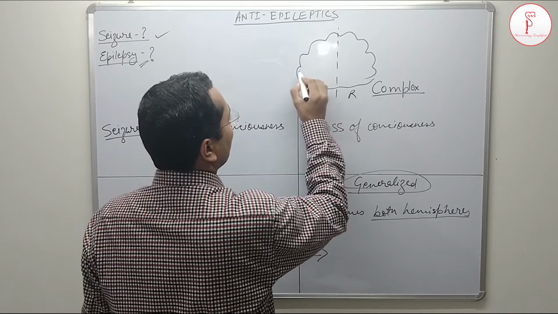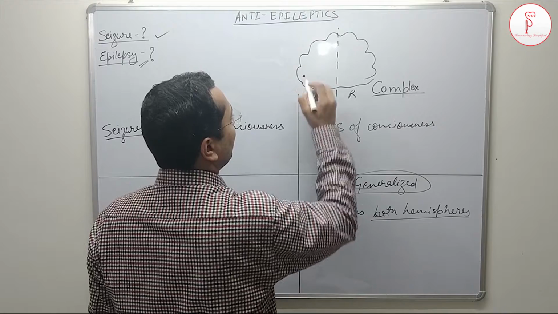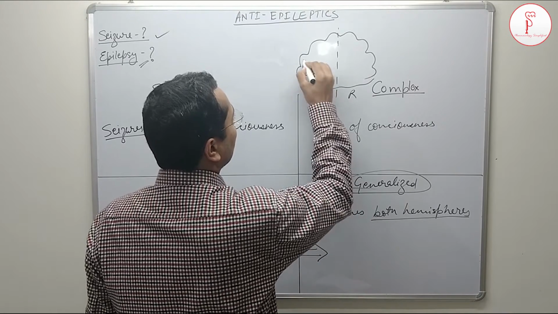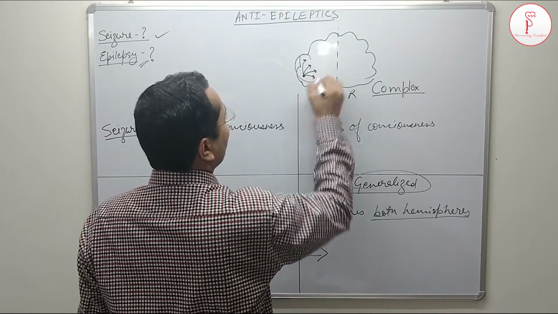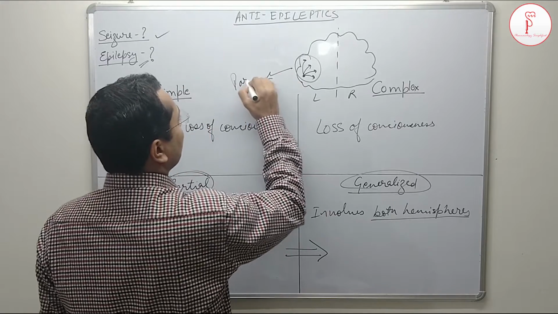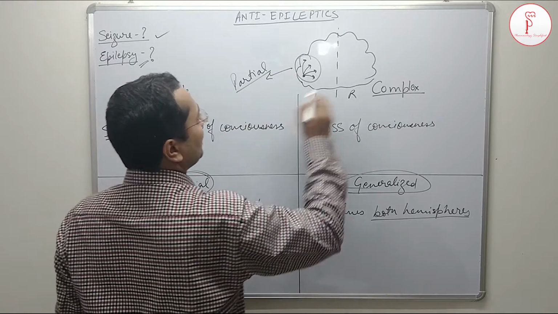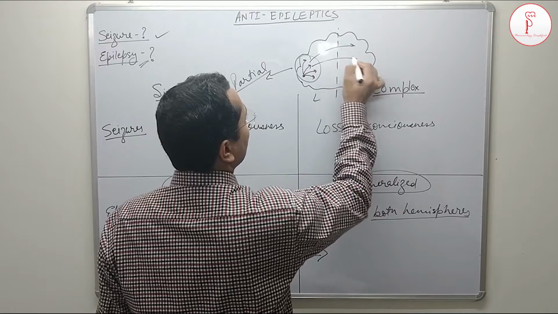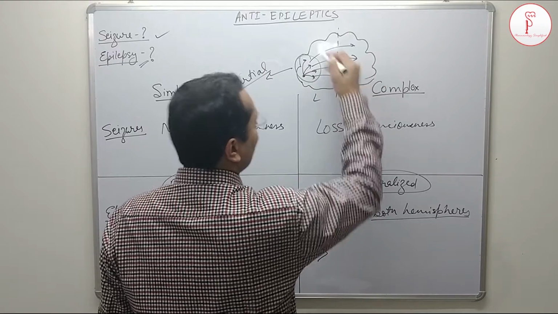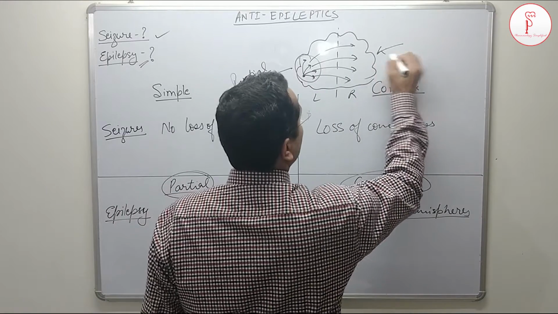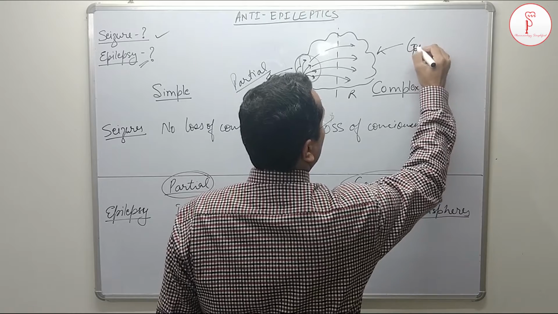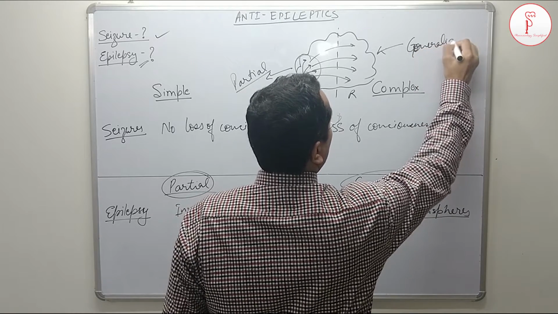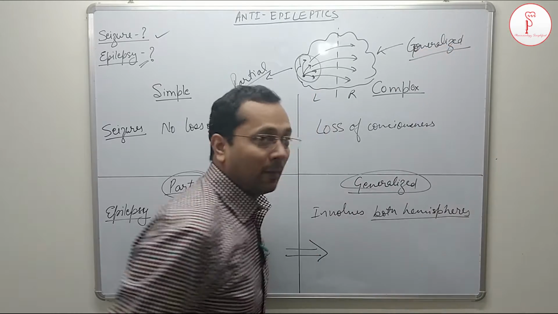First the epilepsy, for example, was developing here, localized into this particular area. Then it would be called a partial seizure. But if it involves both hemispheres, then this will be called generalized, right?